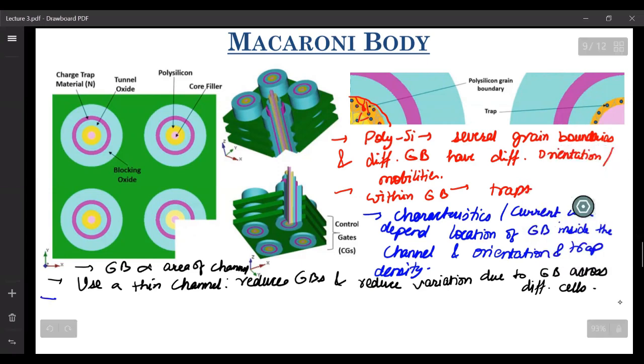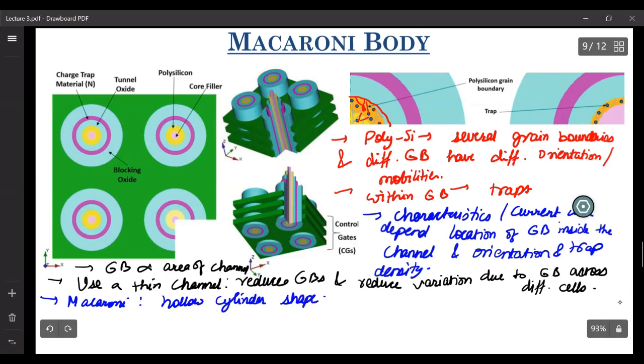I guess many of you may have eaten macaroni. Macaroni is nothing but a pasta which is a hollow cylinder shape.